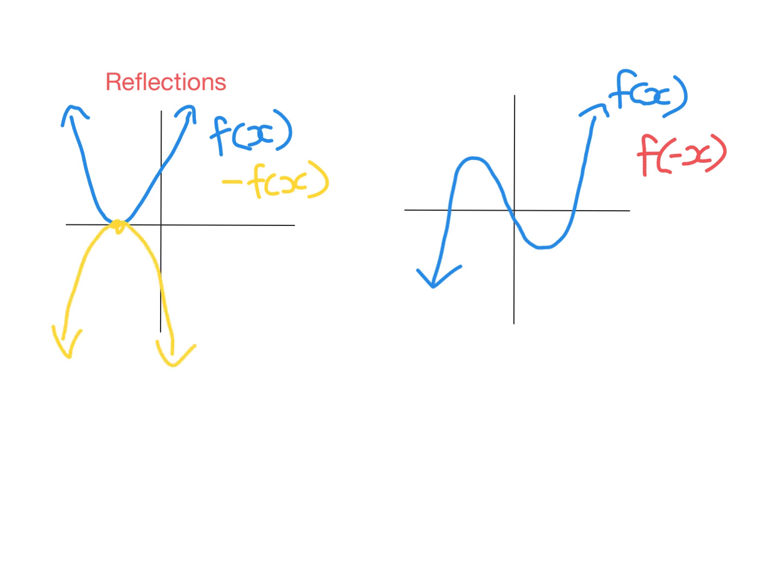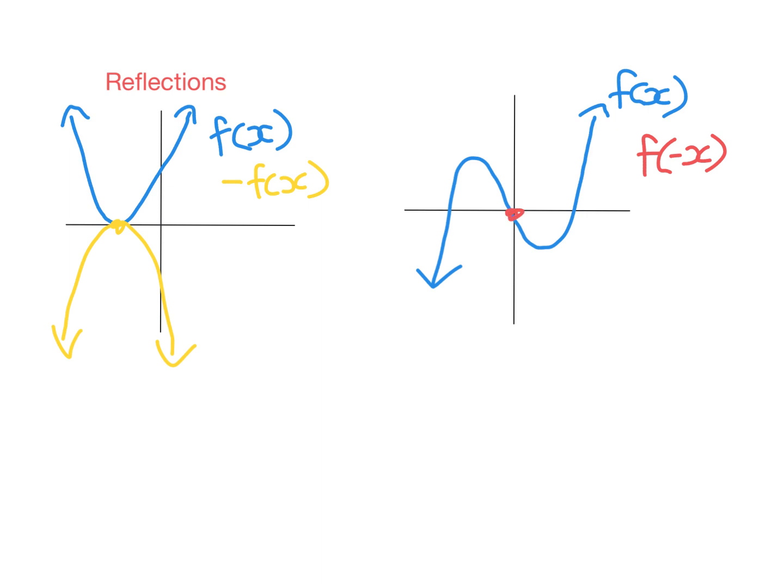So what if, instead of putting the negative in front of the function, we replace x with negative x? This one reflects it about the y-axis rather than the x-axis. So let's go ahead and do that. So any point that is already on the axis will stay where it is.